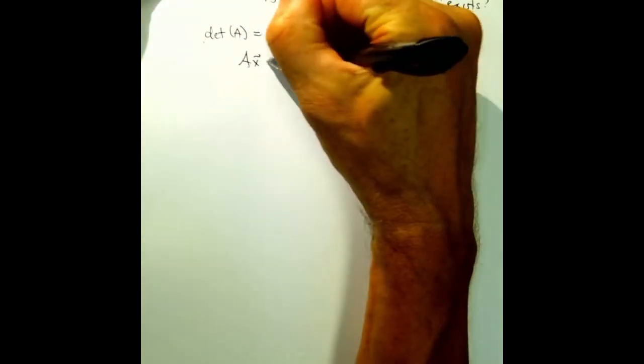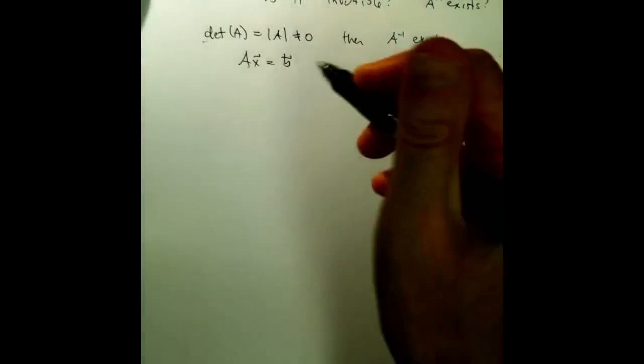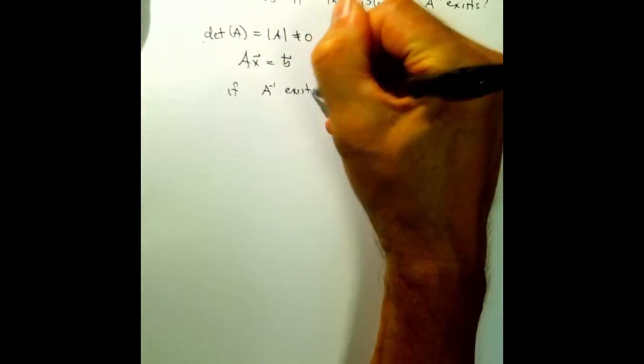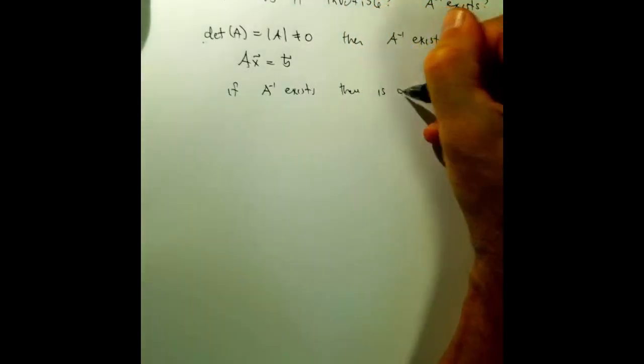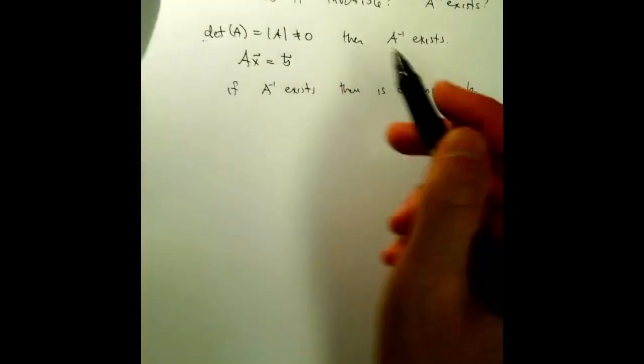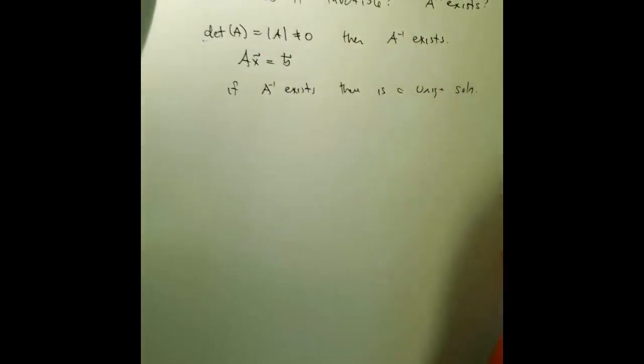And why that's important is that if we want to find solutions to linear systems, then we would like to know whether or not a unique solution exists. And it turns out that if A inverse exists, there is a unique solution. And it also goes the other way. If there's a unique solution, then the inverse exists. So it turns out to be one of these things that if you show one, everything is going to be true.